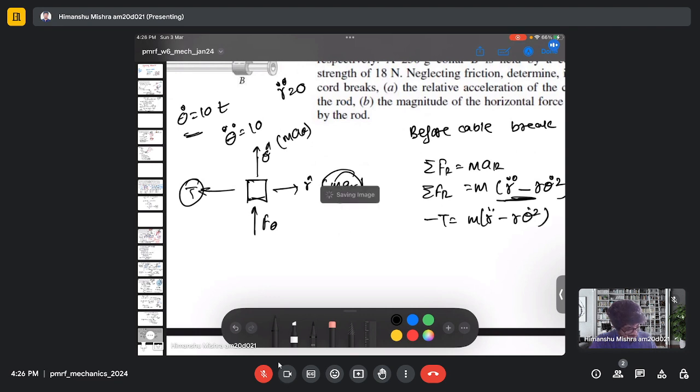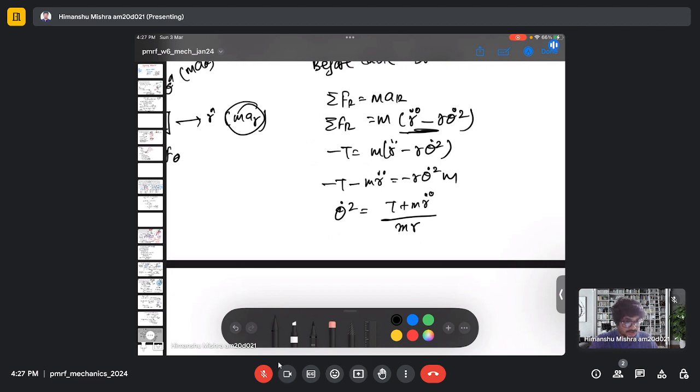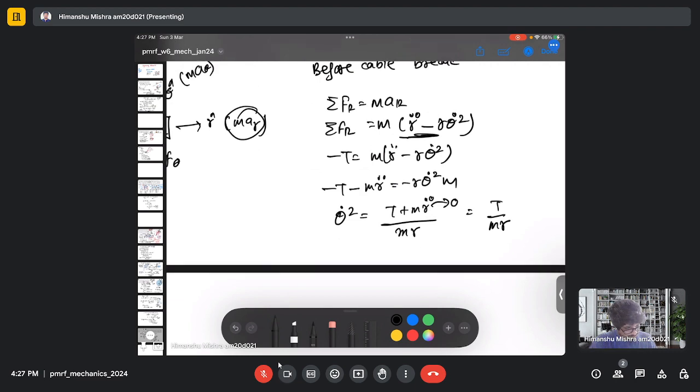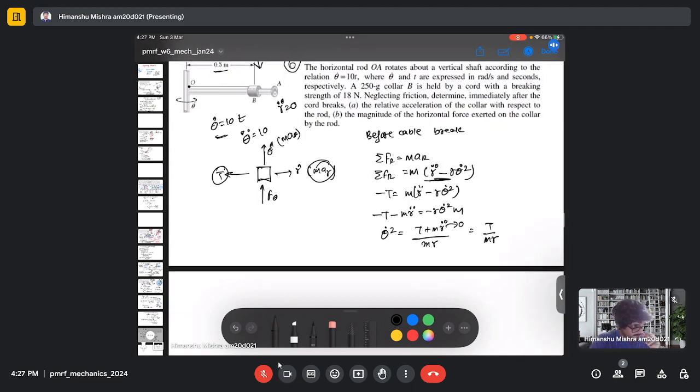And then I can find the theta dot. Now this quantity is 0, so we will have T by m r, and this we will get 144.